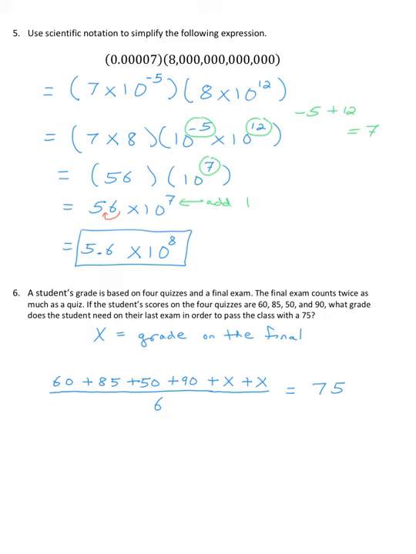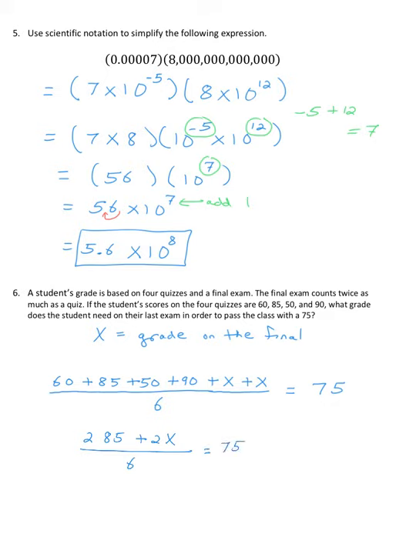I mean, technically, you could say greater than or equal to, but I'm going to leave it at this. I want to solve this equation for X. What I'm going to do is add these numbers together, replace this with 2x to simplify my equation. I type this into my calculator, and I get 285 plus 2x over 6 is equal to 75.